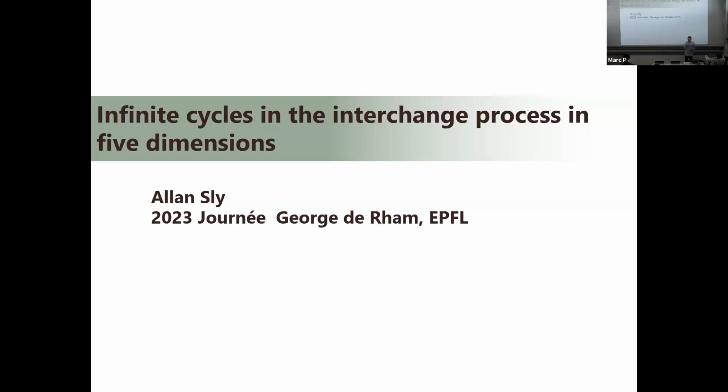Okay, welcome back. It's my pleasure to introduce our second speaker, Allan Sly. Allan moved from Australia to the US for his PhD at UC Berkeley. Then he did a postdoc at MSR, came back to Berkeley as a faculty member before moving to Princeton University, where he's now faculty in mathematics.